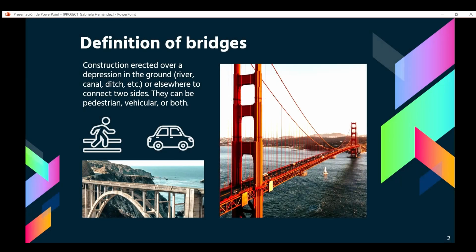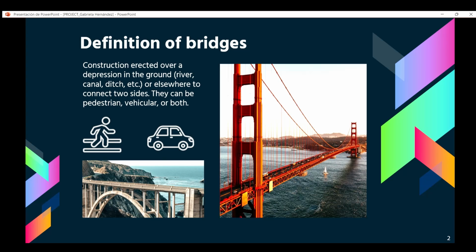It is a construction erected over a depression in the ground, such as rivers, canals, ditches, among others, or elsewhere. Its main intention is to connect two sides, which are separated by any of these difficulties, and by the title of this project.